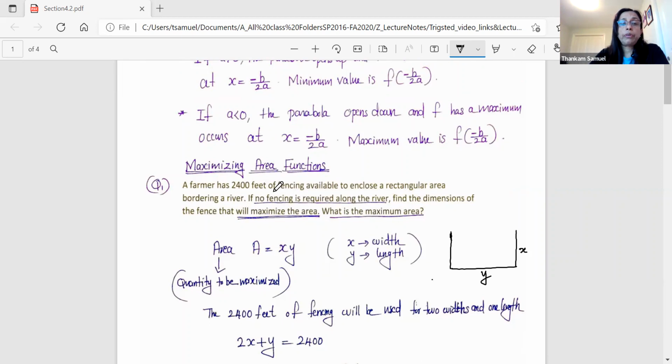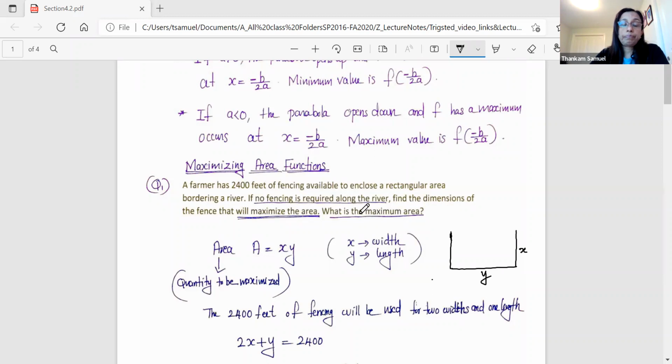A farmer has 2,400 feet of fencing available to enclose a rectangular area bordering a river. If no fencing is required along the river, find the dimensions of the fence that will maximize the area and what is the maximum area. So please read the problem carefully, and we need to find what is given, what we need to find out.